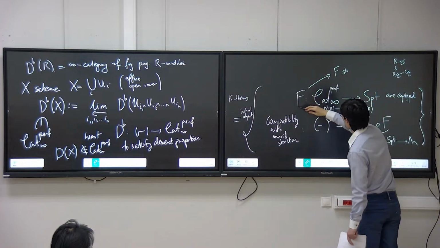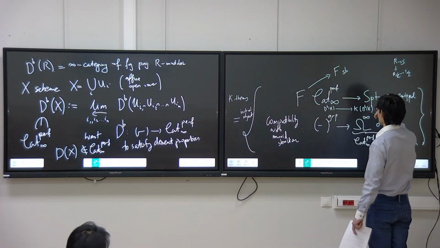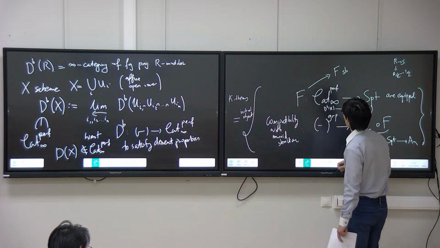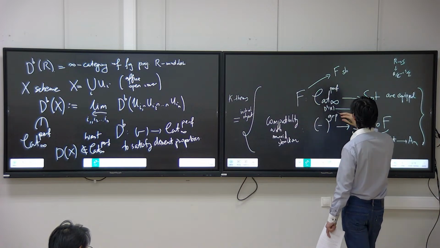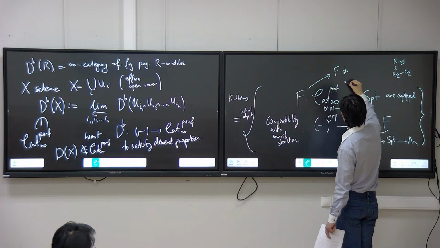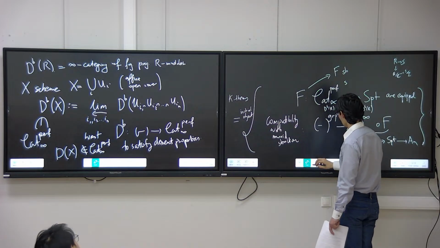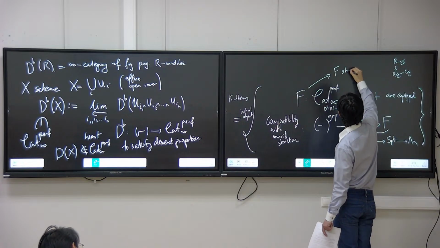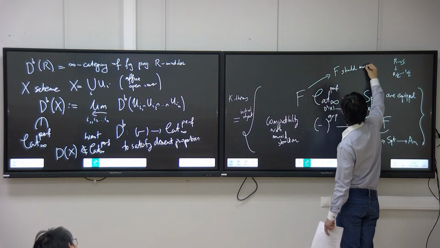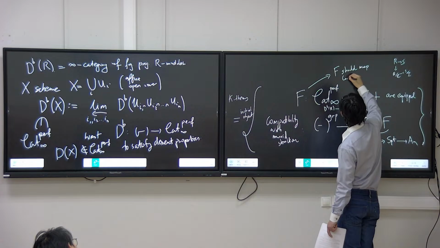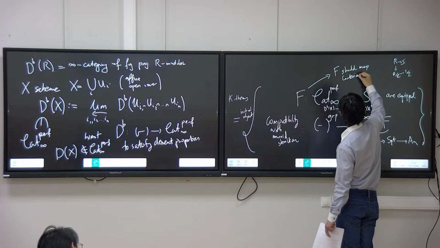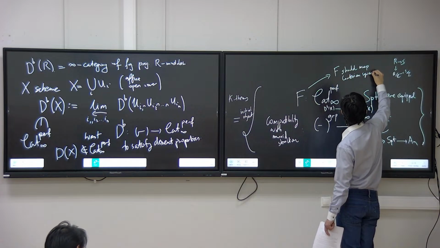So we impose some kind of descent on these functors F. Maybe I won't go into it, but F should satisfy some descent. It should map Cartesian squares to Cartesian squares, roughly.